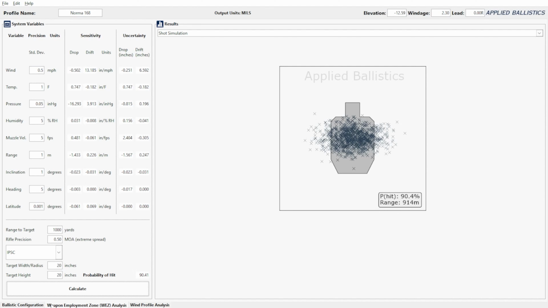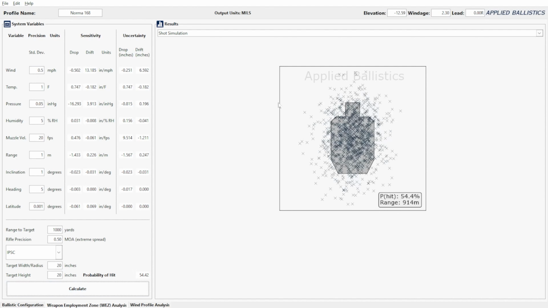And we look at some other reasons that people might miss the target, and that is because their muzzle velocity on their substandard ammunition is way off the mark. So if we stick that up at 20 FPS, which is very, very likely for standard factory ammunition, we now see that we're making lots of misses above and below target as well.